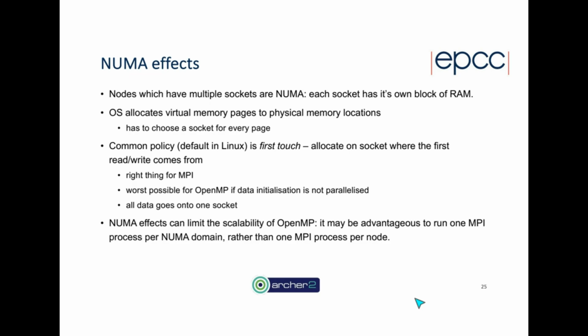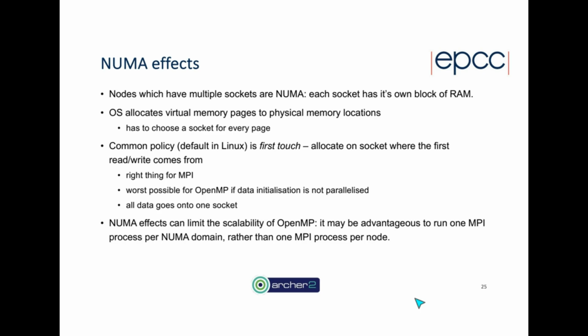The common policy is first touch, so allocate on the NUMA domain where the first read or write came from. Remember from last time, that's absolutely the right thing for MPI, but for OpenMP, that's the worst possible thing if our data initialization is not parallelized, in which case all the data can end up on one socket.